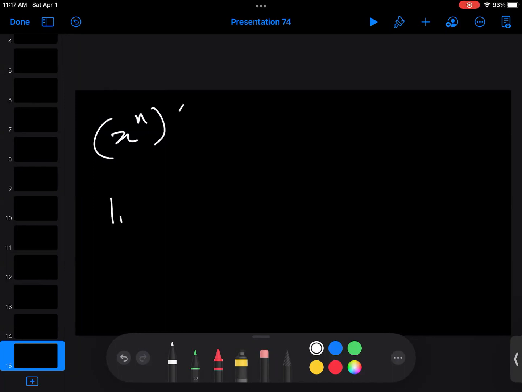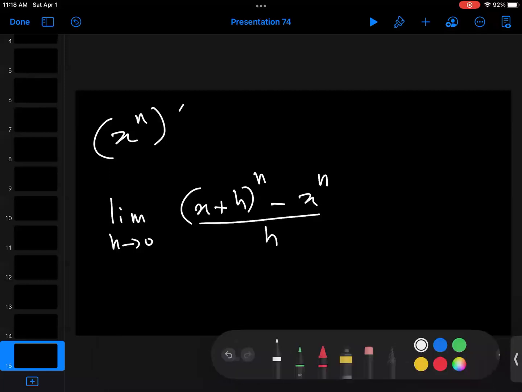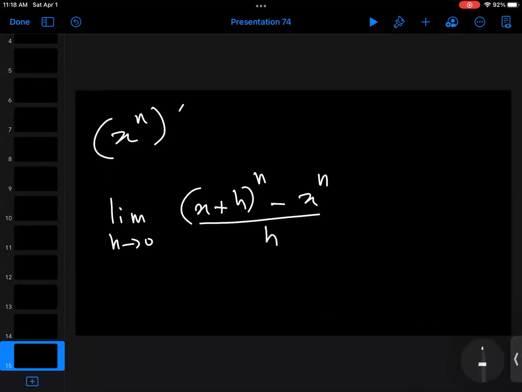To do that, I will need to compute this limit: (x plus h) to the power n minus x to the power n, divided by h. There's some trick, but I'm also here to give you some tricks. That's also the idea of this course. Now n can be 1 million, 3, or 4.